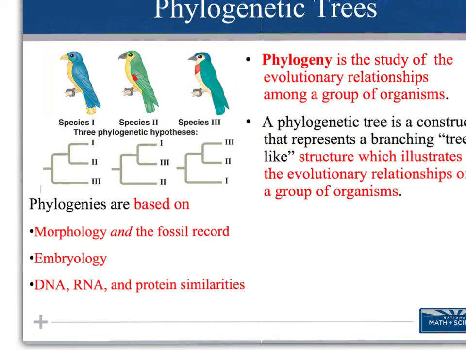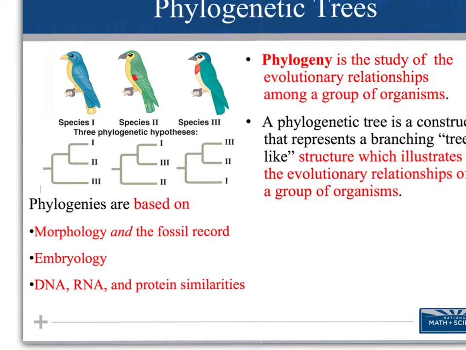Okay, phylogenetic trees. So phylogeny is the study of evolutionary relationships among a group of organisms. Okay, what is the common link? And based on these studies, we can build phylogenetic trees. So they're pretty much just illustrations or structures that show the evolutionary relationships of a group of organisms.